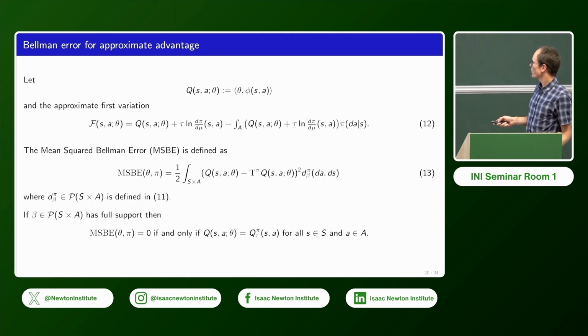And then I know that if this guy has full support, well then the first entry in the state action occupation measure is just beta, so whatever happens later somehow doesn't matter. So as long as I can choose the initial state action occupation measure with full support, then this mean squared Bellman error identifies the correct Q functions.